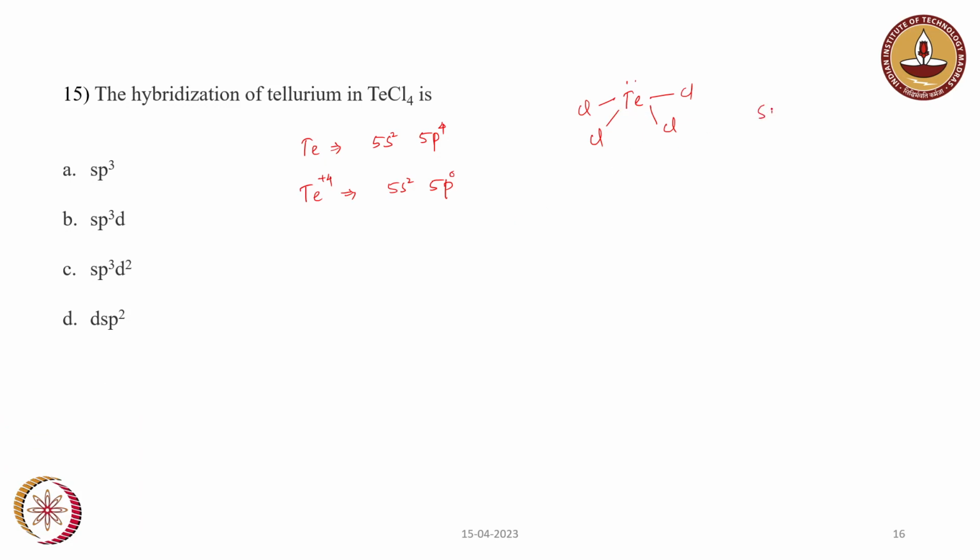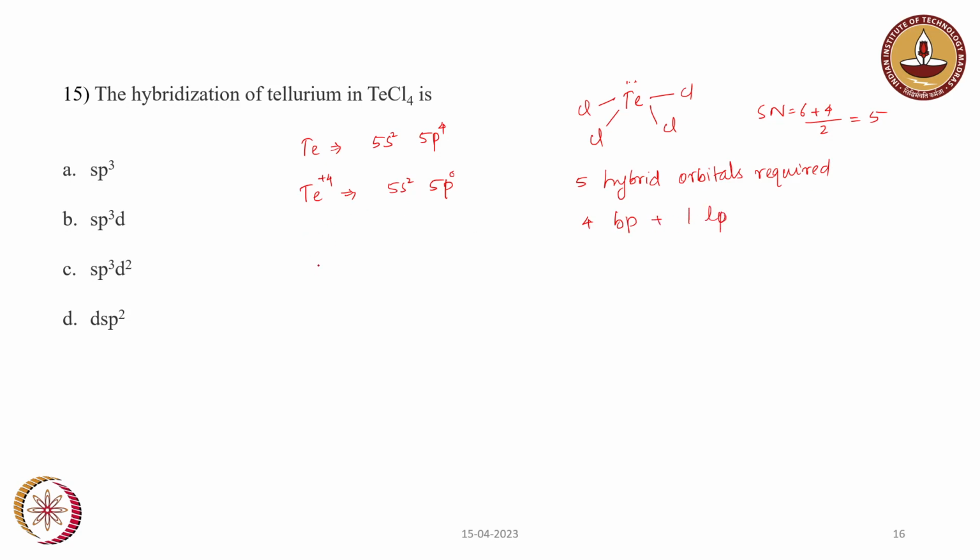So steric number is (6 plus 4) by 2, which is 5. 4 bond pairs and 1 lone pair. So steric number 5 means 5 hybrid orbitals are required. It is 4 bond pairs and 1 lone pair.